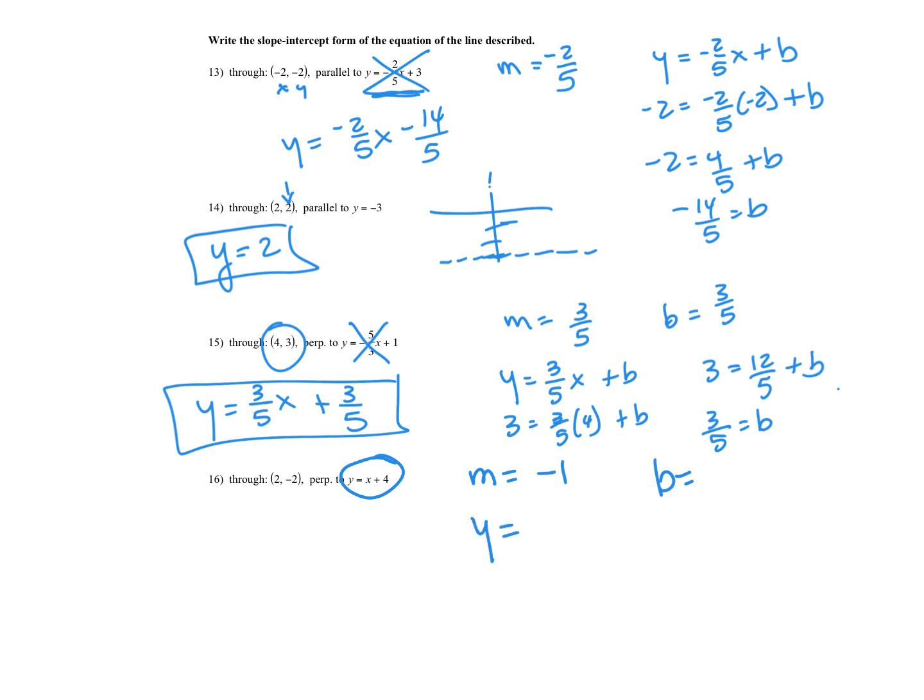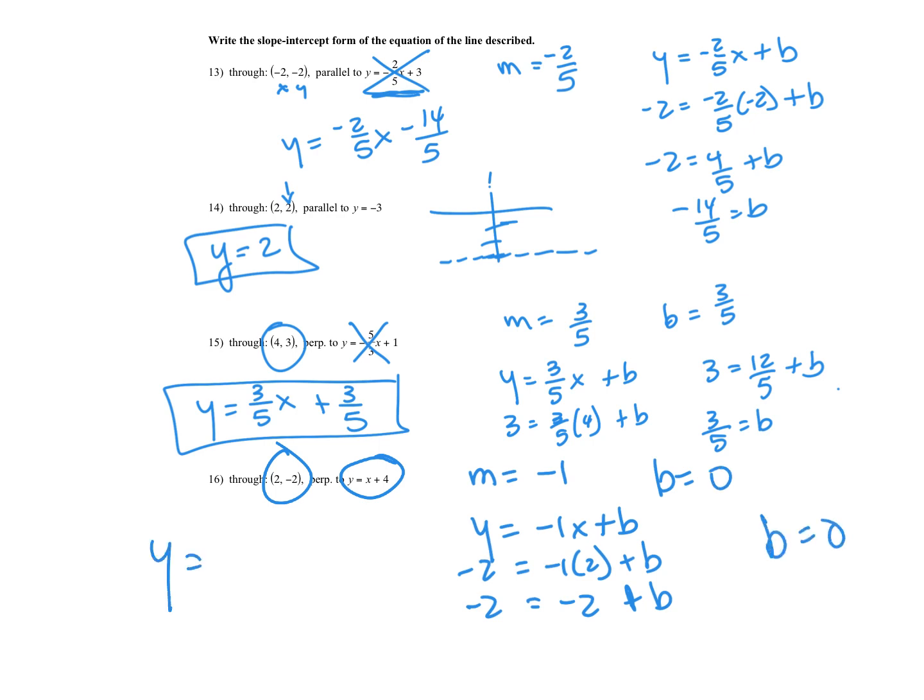We have y equals -1x plus b, and we have this point. -2 equals -1 times 2 plus b. -2 equals -2 plus b. And when you add 2 to both sides, b equals 0. And now we just have y equals -x, or -1x.